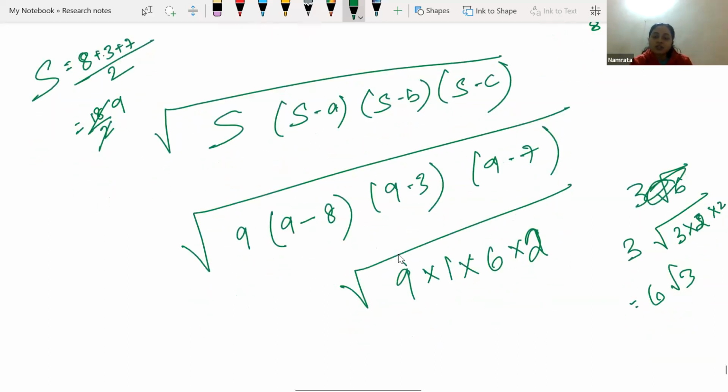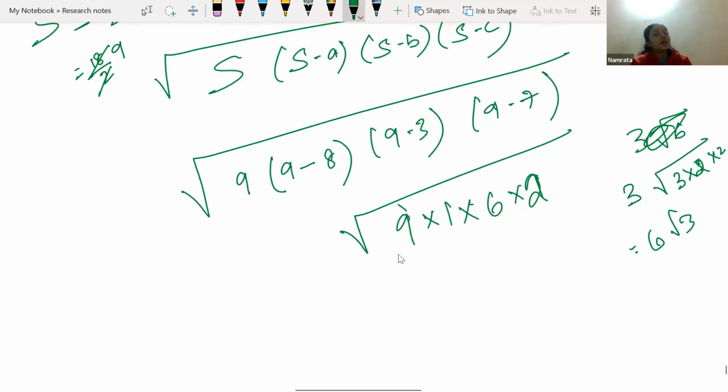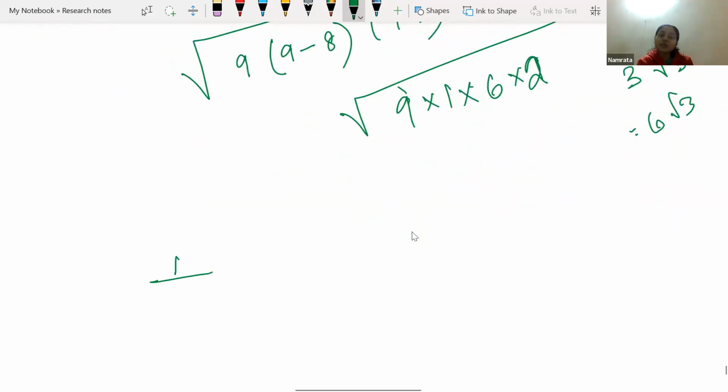Now, once we got this area of the triangle, we have one more formula for finding the area. That will not work over here since we have a skeleton triangle; Heron's formula is the magical formula which will work everywhere when we know the sides. That formula is 1 by 2 into base into height.